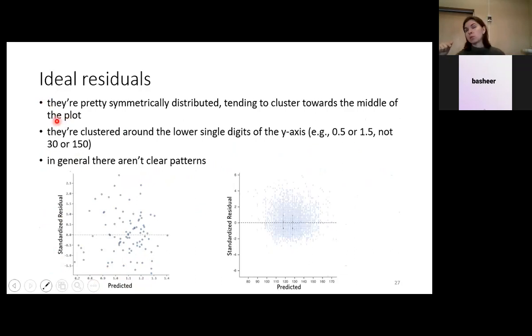Actually, residuals may be plotted not only for linear regression, but for any type of regression, and not only regression, for many other algorithms too. They are pretty symmetrically distributed, tending to cluster toward the middle of the plot, the first property. They are clustered around the lower single digits of the axis, second property.